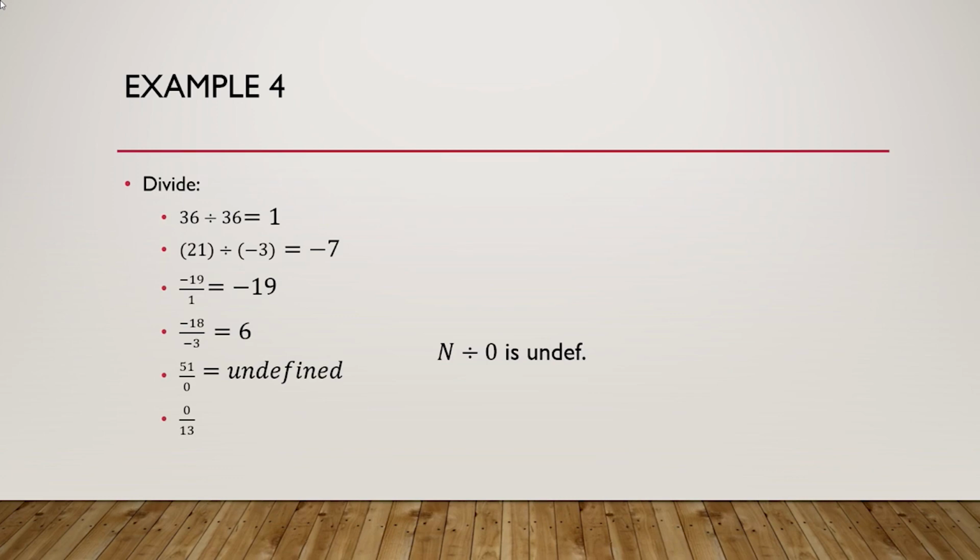0 divided by 13 is going to be 0. This one kind of makes sense. Not the best sense. Because let's say that you have 0 donuts and you want to split those between 13 people, you can do that. Everyone's going to get 0 donuts. So it's not the best, but it kind of makes sense.